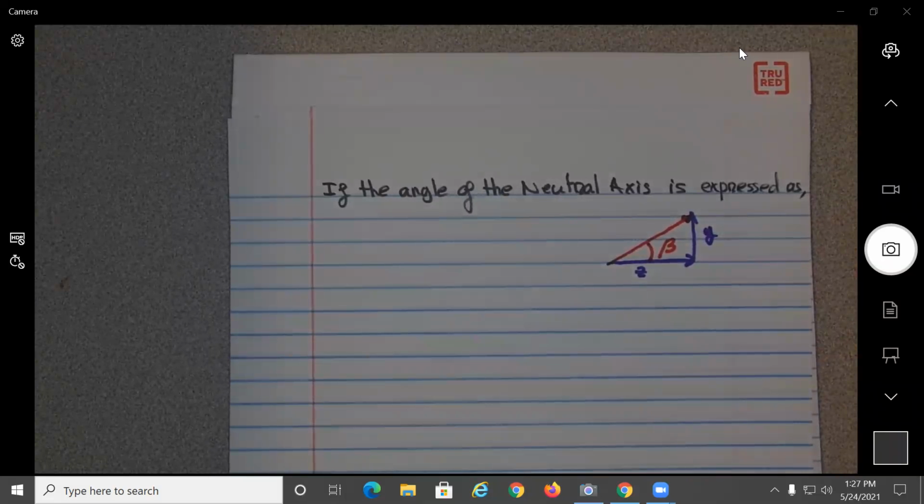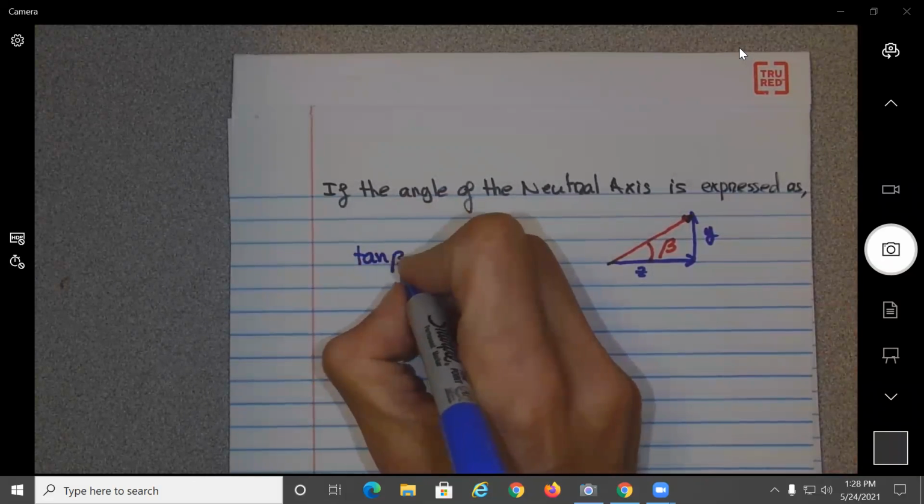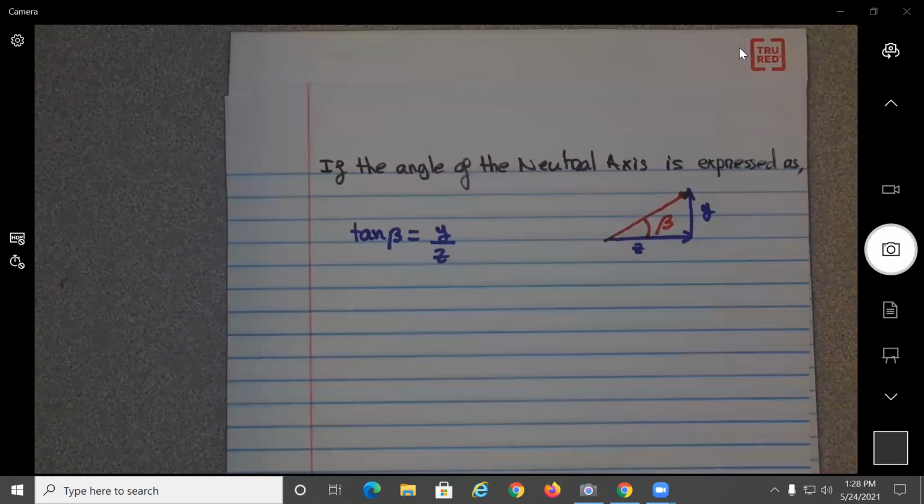By basic trigonometry relation, what do you know? Tangent beta is equal to Y over Z, no? So now you see why we have the expression of Y over Z.